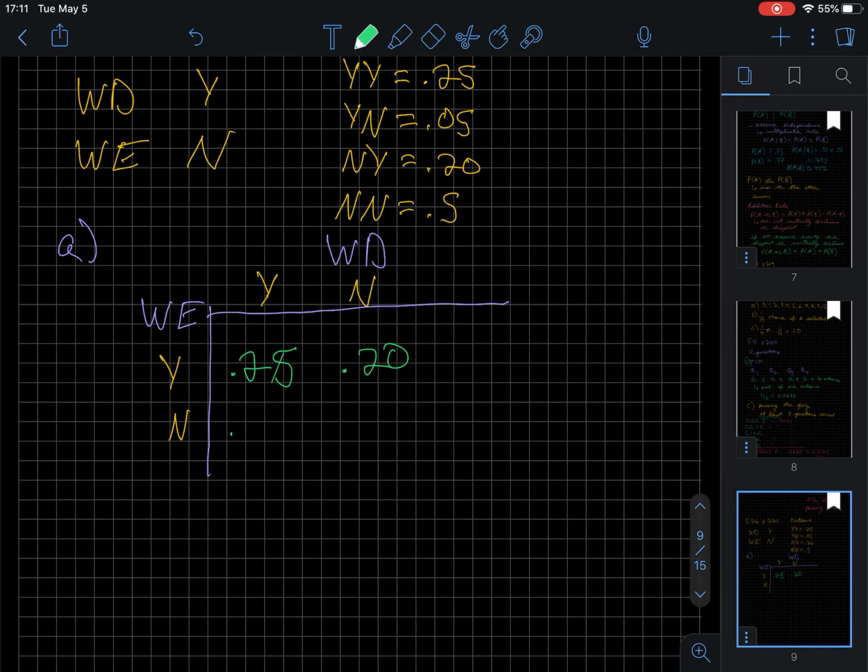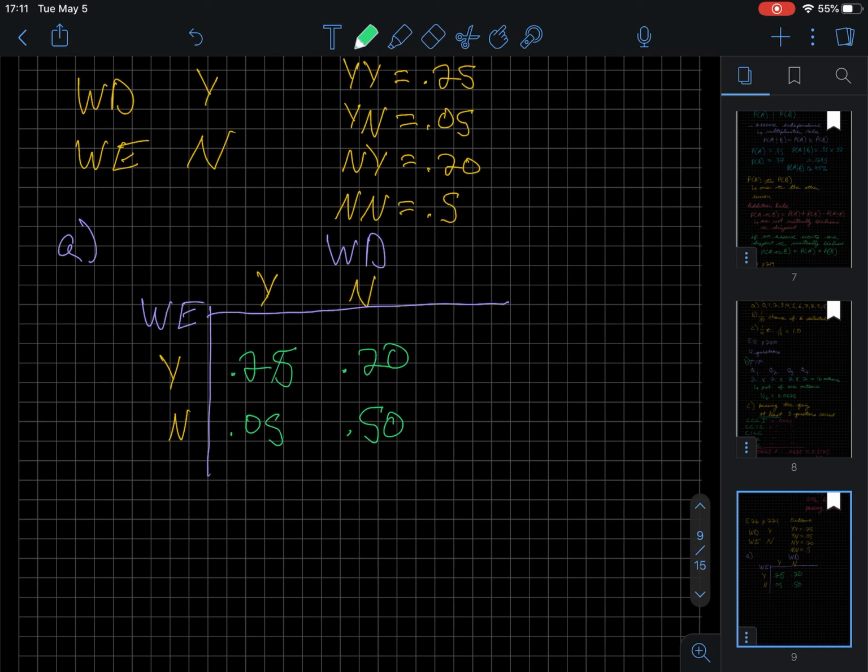All right, anyway, so this is 0.05, and then the double no's are 0.5. Sometimes it's easier to do this and this because we know those are in. Wait, did I look at this? I had them mixed up.